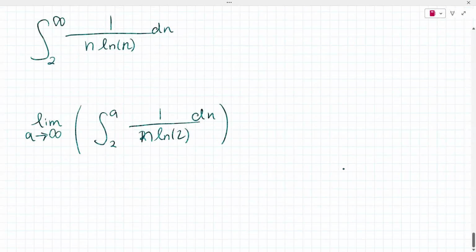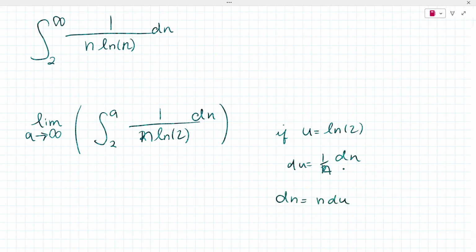If we use substitution, if u equals ln of n, du is going to be 1 over n dn, and then dn equals n du.